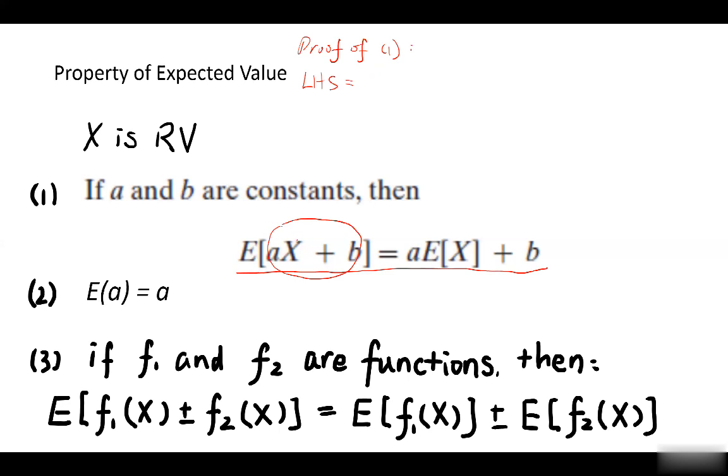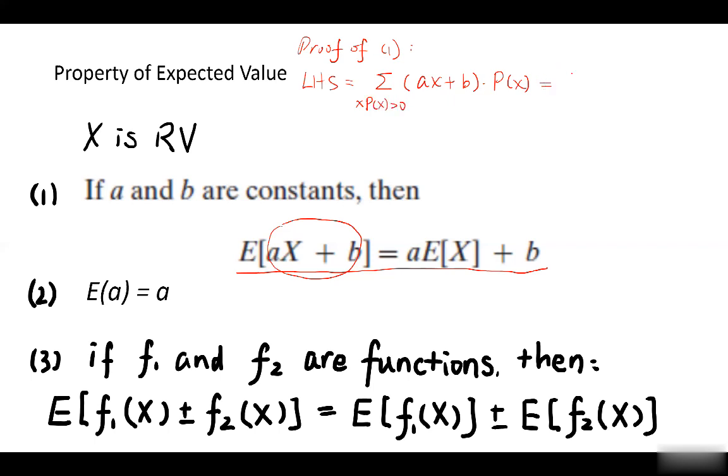So the expected value of ax plus b is the sum of all values times their corresponding probabilities. So each value is ax plus b times its corresponding probability, which is p(x), right? For any x with p(x) above 0, right?